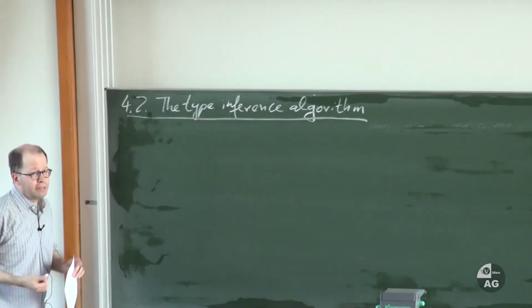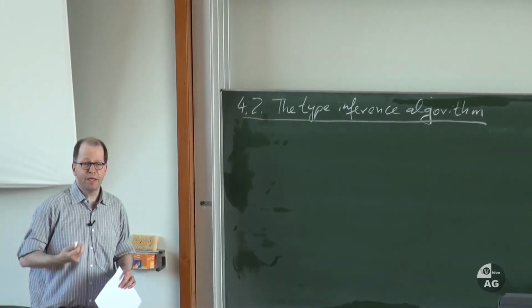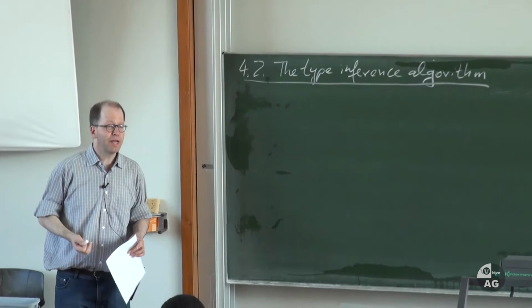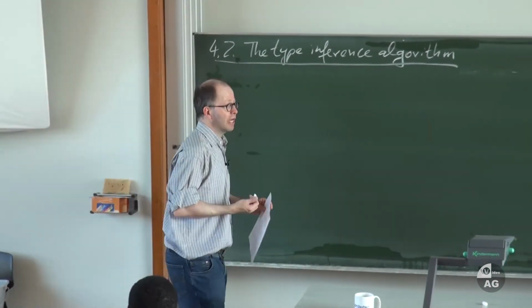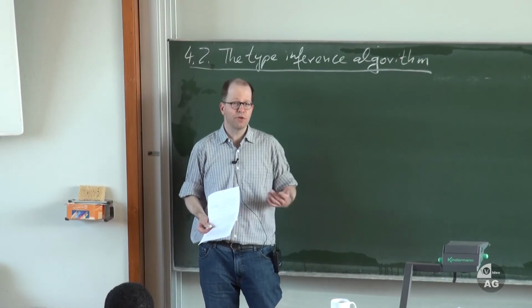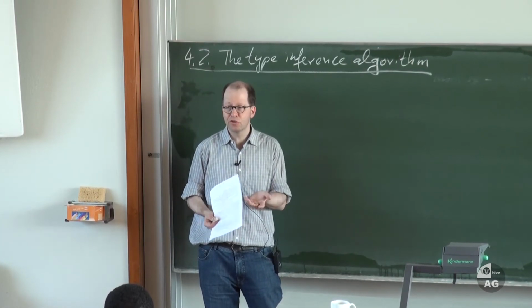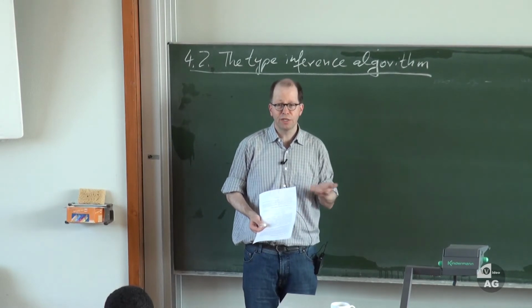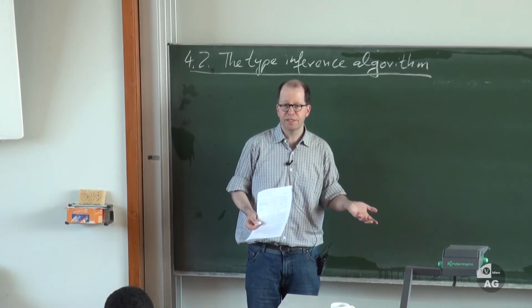So we have seen that if we have a term, then we cannot just determine its type in isolation, but the type depends on the type assumption. I mean, if your term contains plus or not, then whether your term is well typed or not, or also the type of your term, depends on what not and what plus have as a type.